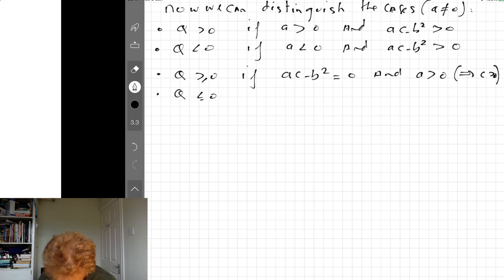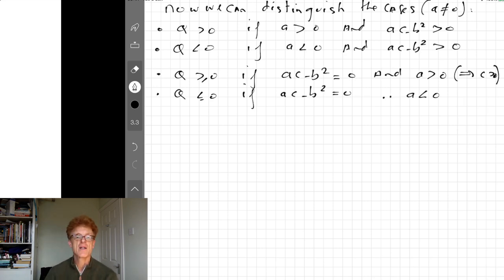Q less or equal than 0, so negative semidefinite, if ac minus b squared is 0 and a less than 0. That implies that c is less than 0, because ac minus b squared needs to be 0 and b squared is positive.